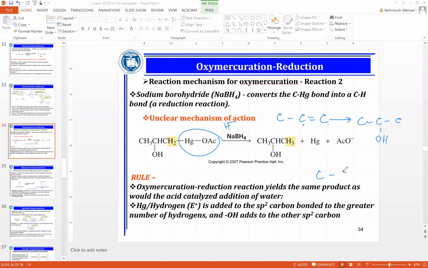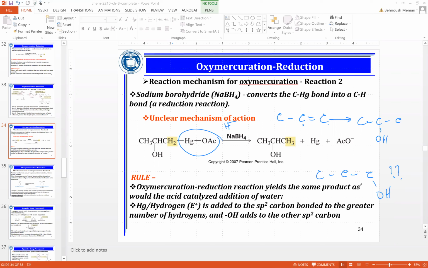What happens if you want to make OH on the first carbon? How would you do this? If you want to add the OH to the first carbon, you must have a mechanism that goes through anti-Markovnikov addition of water.